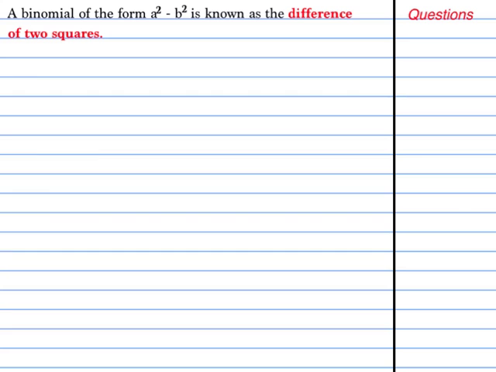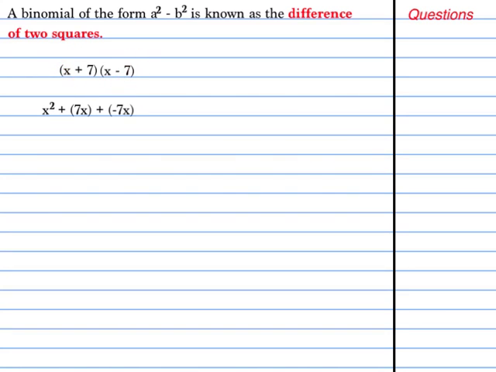So another type of special product is called a difference of squares. And this is when the binomial is in the form of a² − b². So here I have (x + 7)(x − 7). Two binomials that look similar, however one's addition and one is subtraction. x times x will be x². 7 times x is 7x.